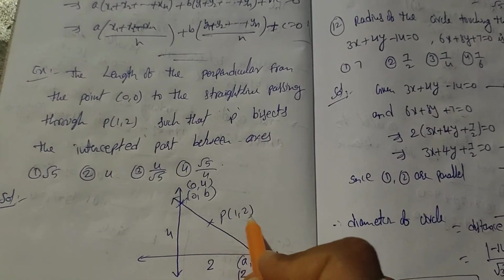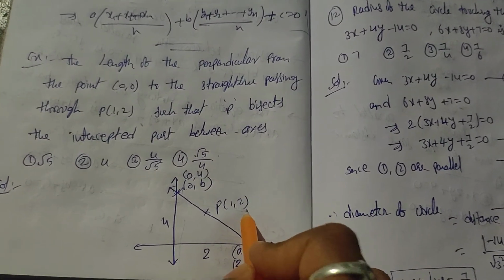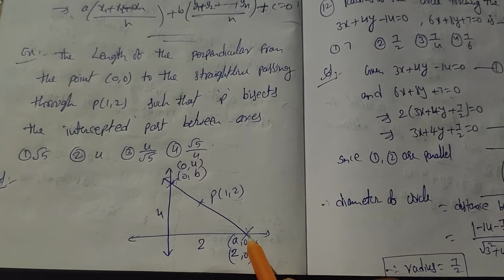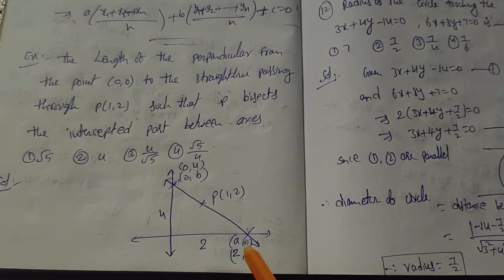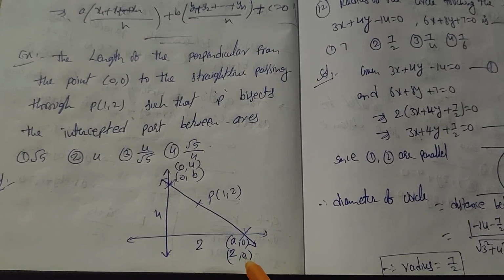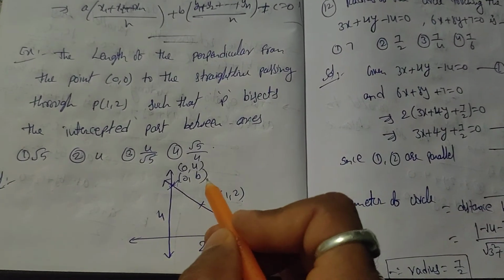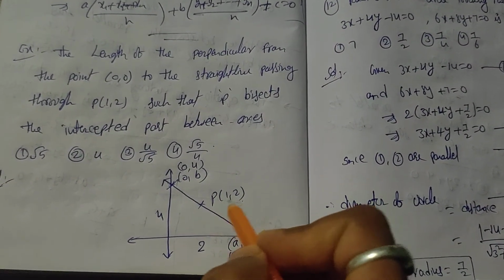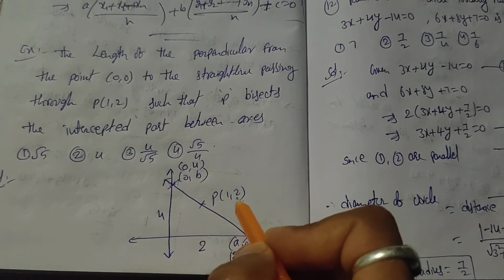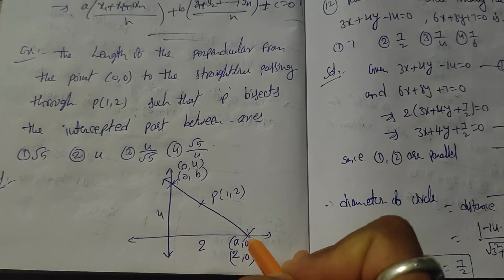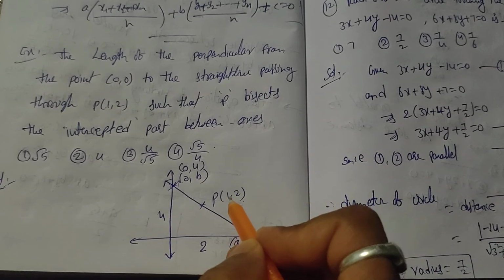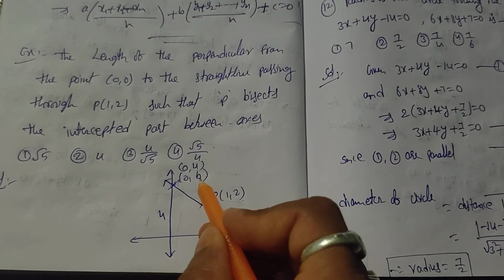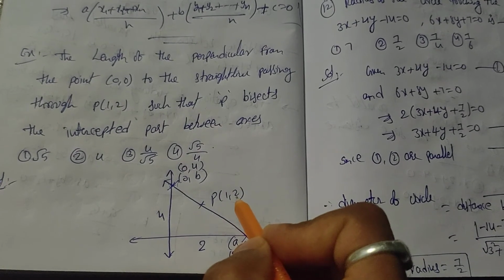Okay, if P(1, 2) is the given point, then obviously where it intersects the x-axis is in the form (a, 0), and the y-axis point is (0, b). This becomes (2, 0) and (0, 4) because P(1, 2) is the midpoint, so the x coordinate becomes double of the x coordinate here, and the y coordinate becomes double of the y coordinate here.